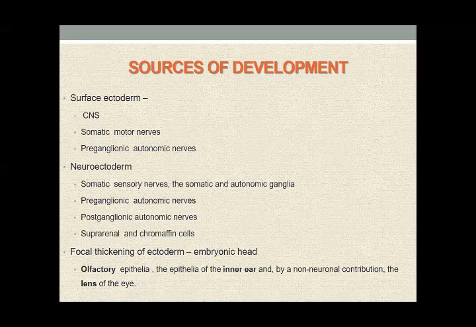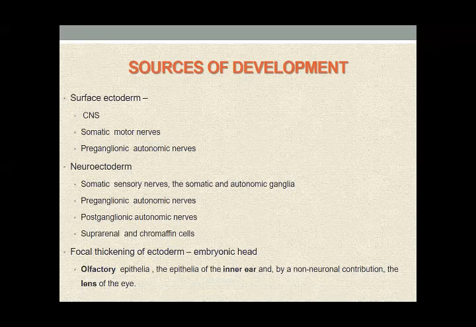From the neuroectoderm, we have the development of somatic sensory nerves, the somatic and autonomic ganglia, preganglionic autonomic nerves, postganglionic autonomic nerves, and the suprarenal gland and chromaffin cells.